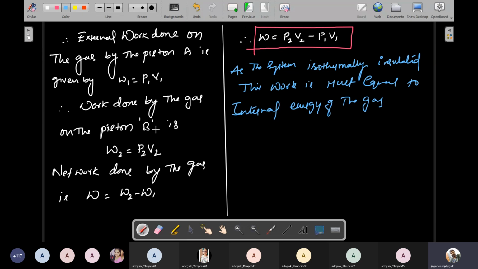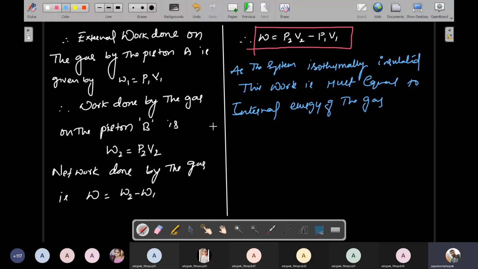This much work is done after performing the experiment, and the entire work done is equal to the internal kinetic energy. Now that internal kinetic energy is nothing but U2 and U1, before and after. So the net internal energy is nothing but U1 minus U2.